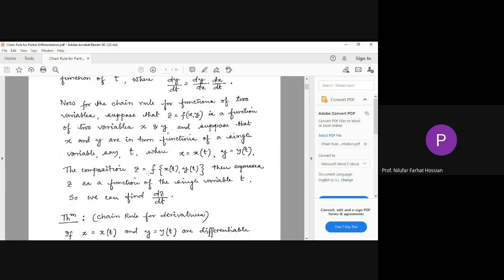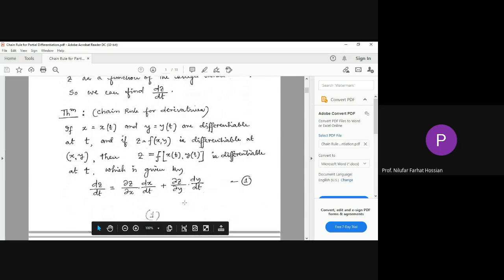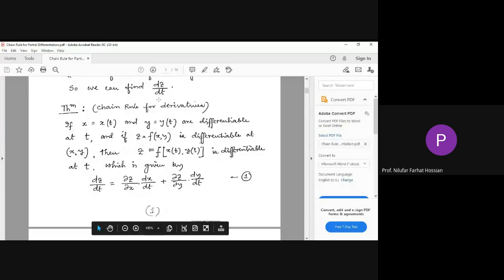Since there is only a single variable t, you can perform the ordinary differentiation dz by dt. And there is a theorem which involves the chain rule for the derivative for this dz by dt.